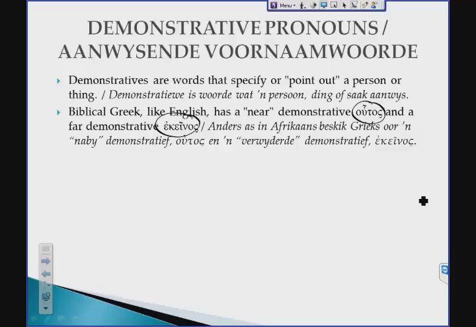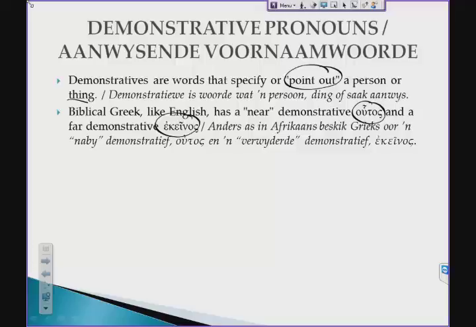That is what we mean by a near and a far demonstrative, depending on the distance that exists between you and that thing or a person. Remember? That's what we talked about. To point out a person or a thing, depending on the distance between you. This book, that book. Okay? And it can also occur in the plural or singular.